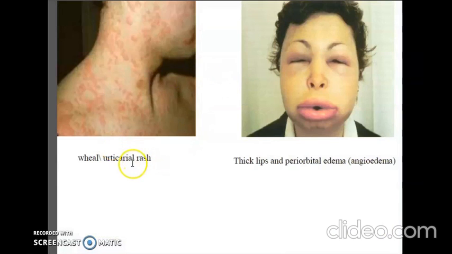The image shows the urticarial or wheal rashes and the angioedema.